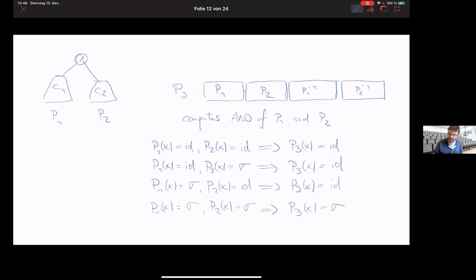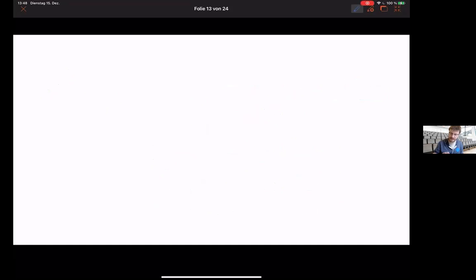But now let's look into P3. I have P3 of x is P1 of x times P2 of x times P1 inverse of x times P2 inverse of x. Let's first say case 1, P1 of x is equal to identity.